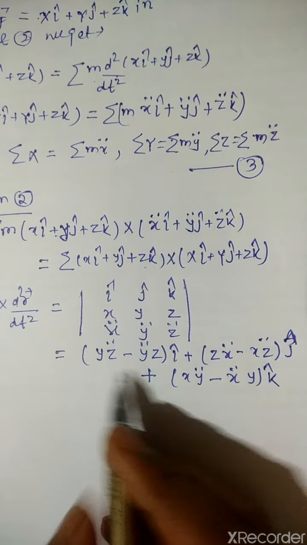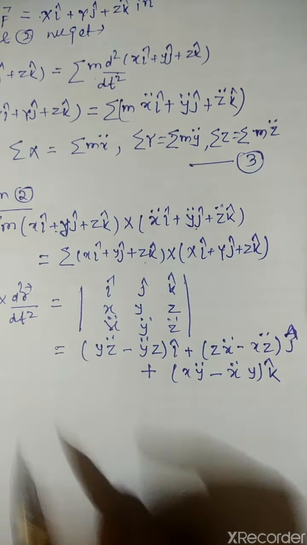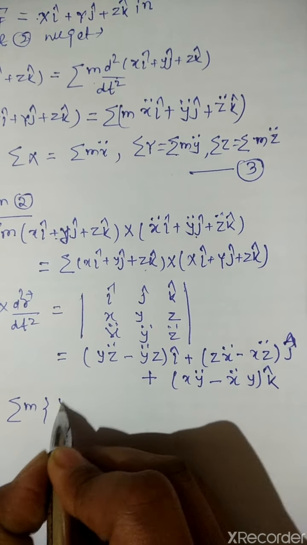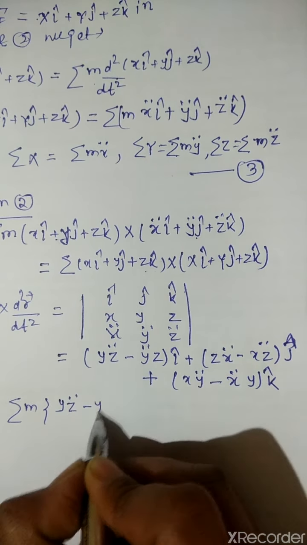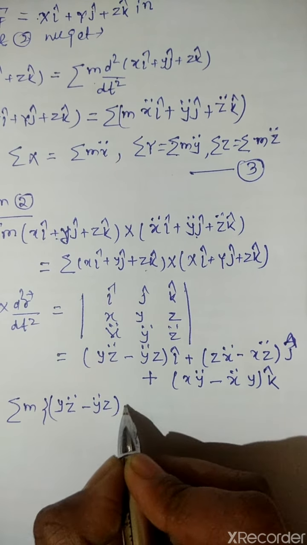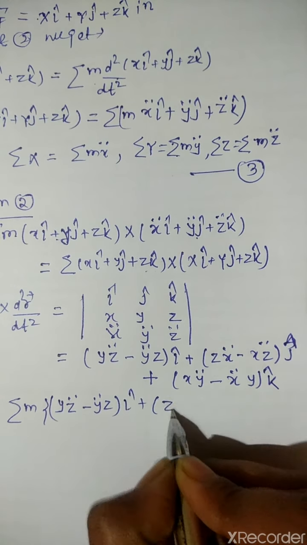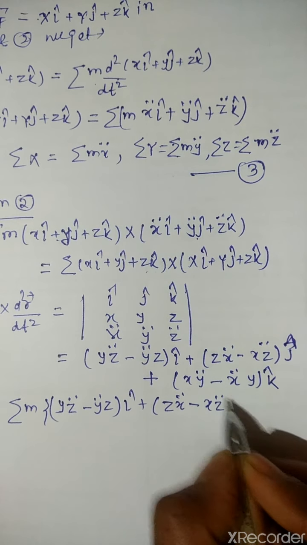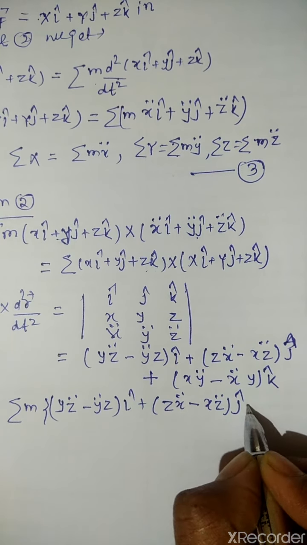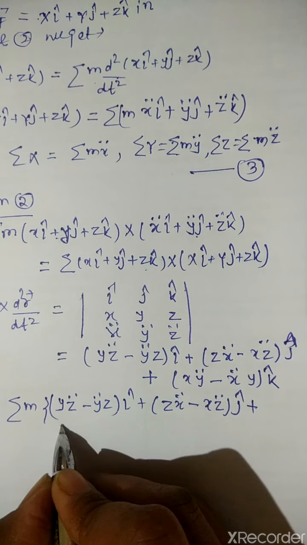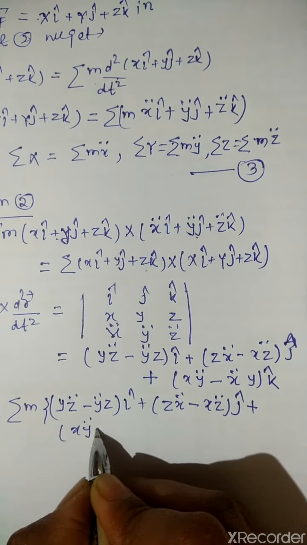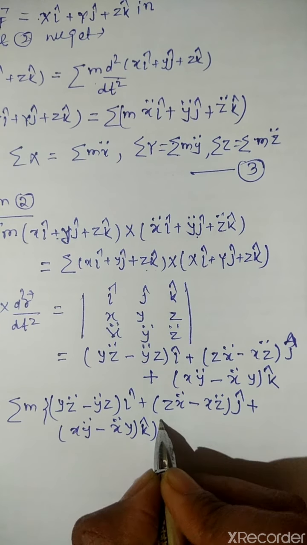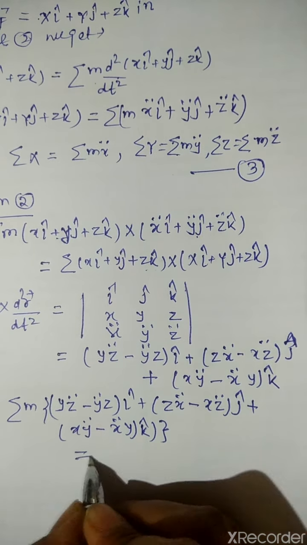Therefore, now putting this value in this equation, what we have here is sigma m bracket (y z double dot minus y double dot z) i, then (z x double dot minus x z double dot) j, and then plus (x y double dot minus x double dot y) k, then the bracket closes.